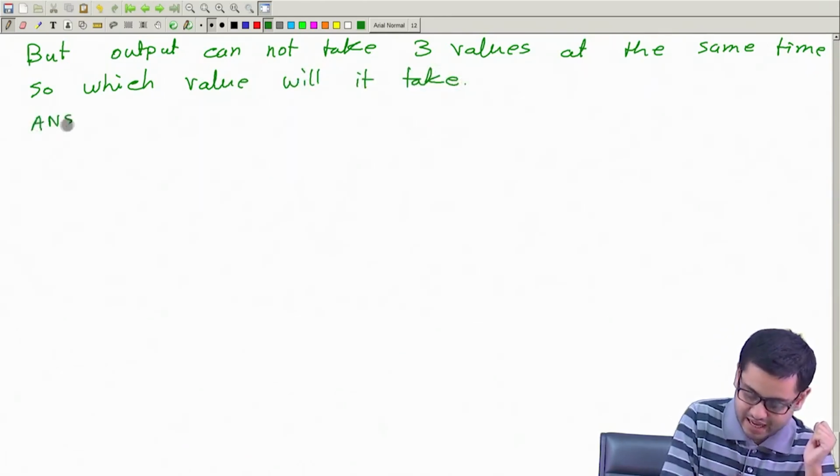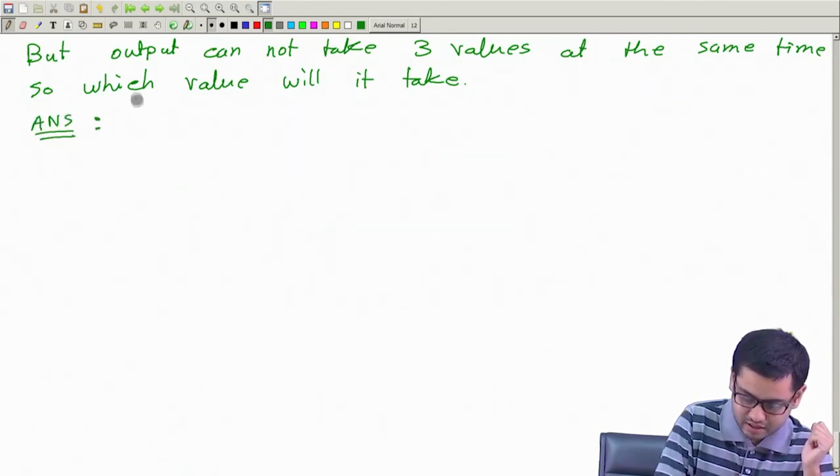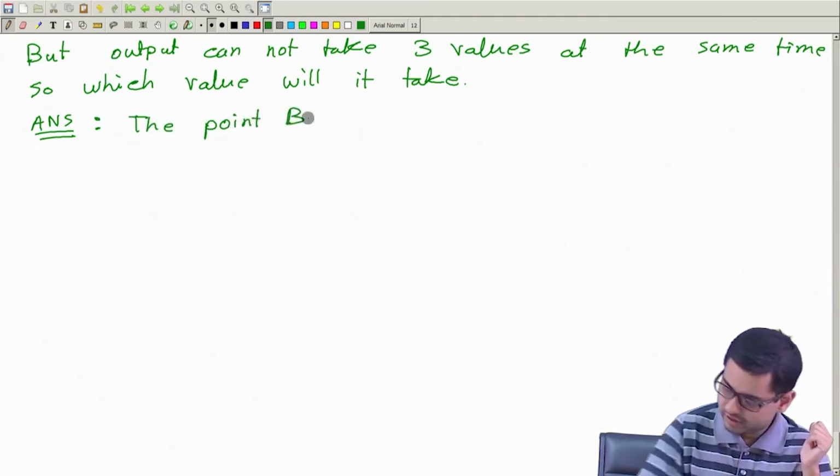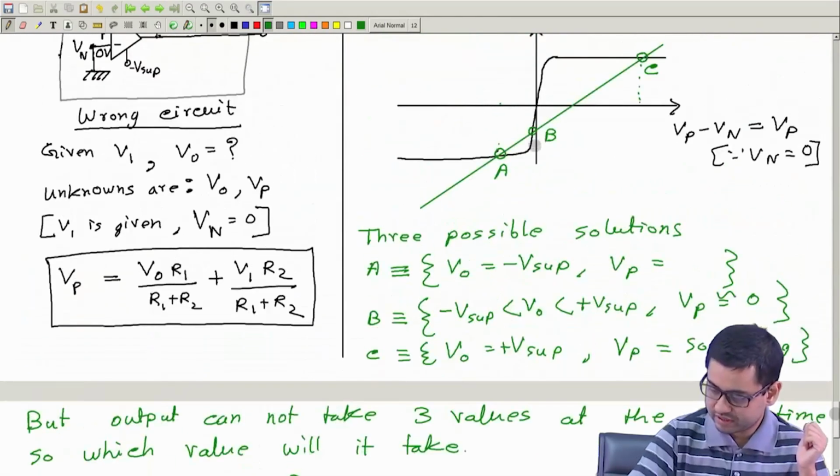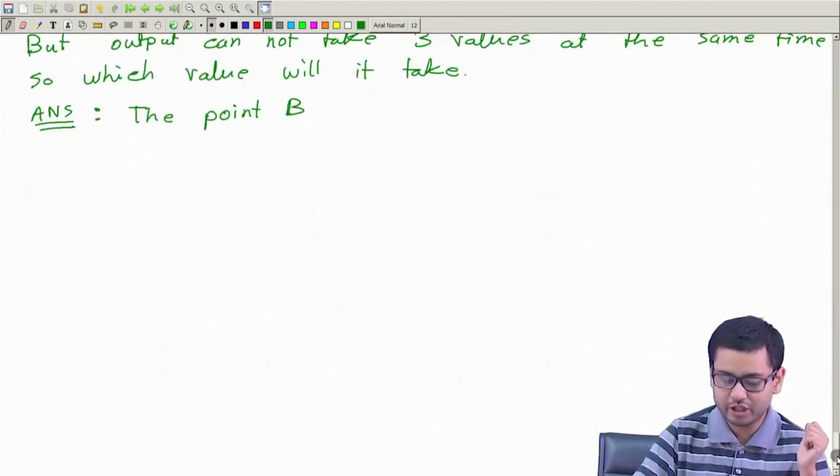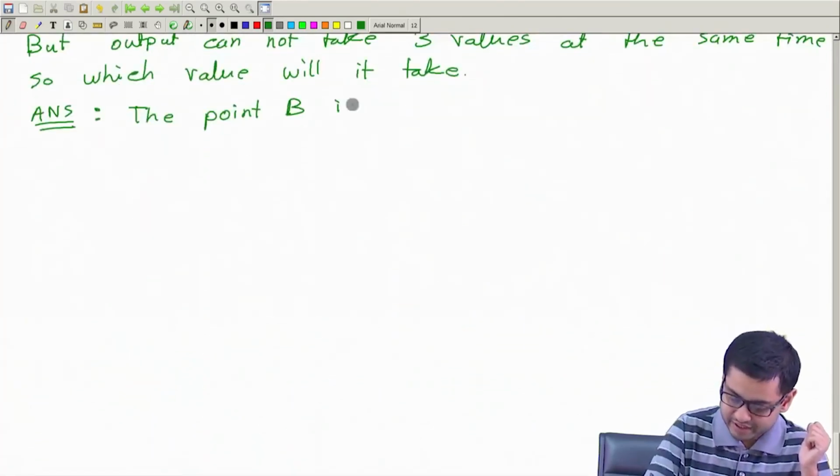The answer is that we will justify that the point B, which is this point, is an unstable solution.